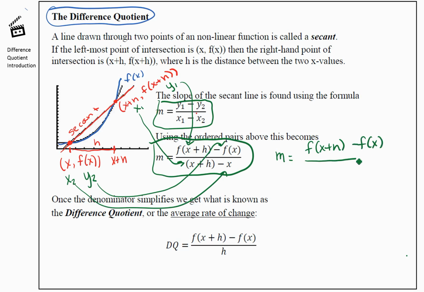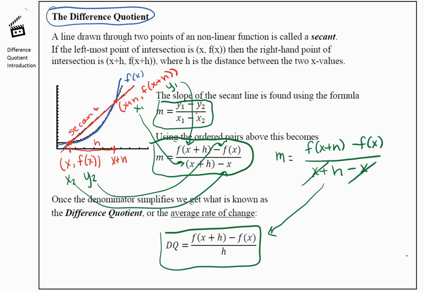But the denominator, if we get rid of the parentheses, we can see that this is x plus h minus x, and so the x's can cancel out. And that leaves us with the formula for the difference quotient of a function, which is f of x plus h minus f of x over h.